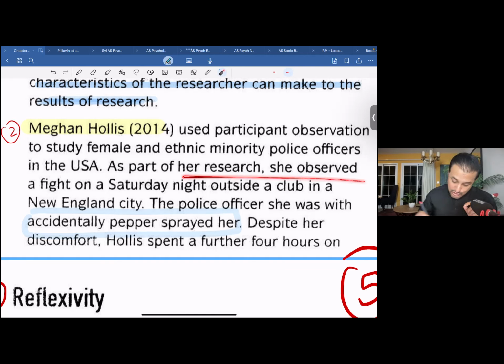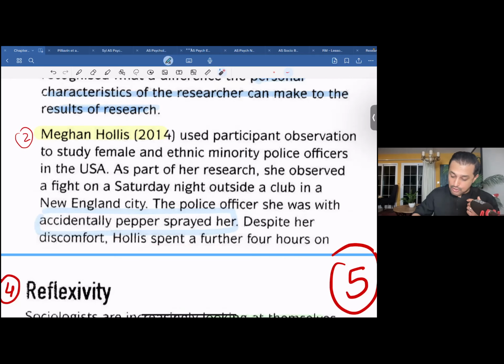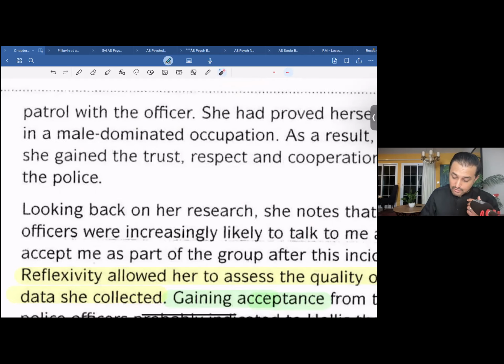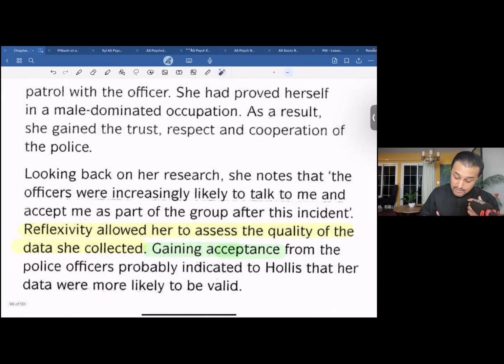As part of her research, she observed a fight on a Saturday night outside a club in a New England city. The police officer she was with accidentally pepper sprayed her. It was an accident. Despite her discomfort, Hollis spent a further 4 hours on patrol with the officer. She had proved herself in a male dominated occupation. As a result, she gained the trust, the respect, and cooperation of the police, right?